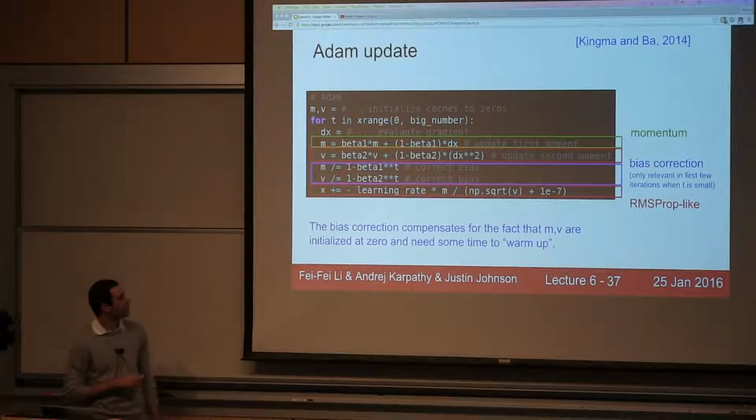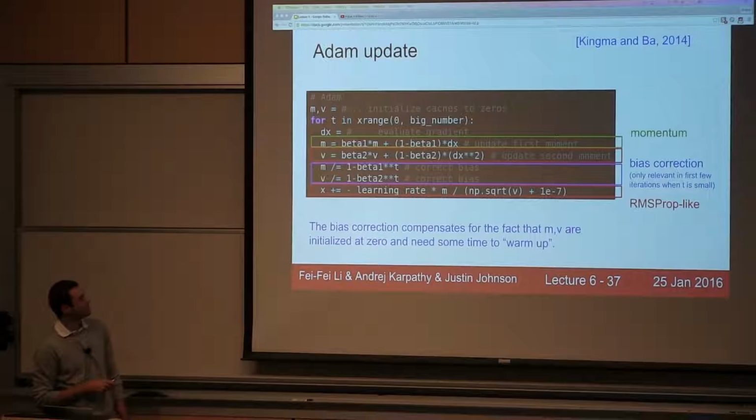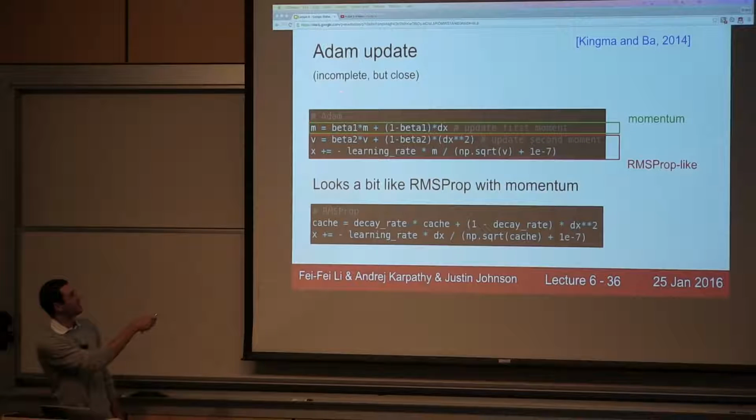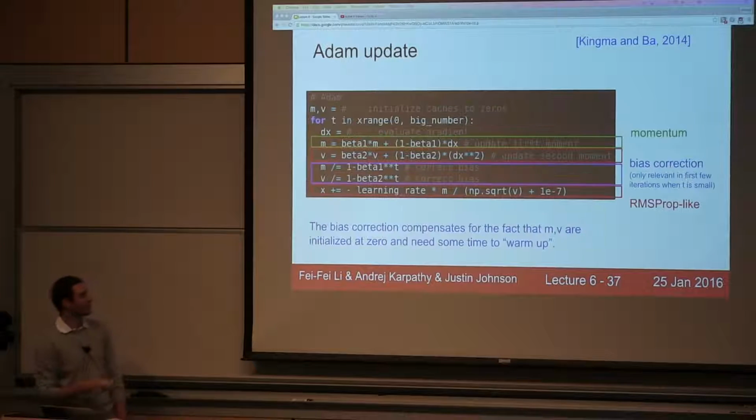OK. One more thing: I have to make Adam slightly more complex. Here, as you see, it's incomplete, so let me put in the full complete version. In Adam, there's one more thing where you might be confused when you see it. There's this thing called bias correction that they insert there. The reason I'm expanding out the loop is that the bias correction depends on your absolute time step t, so t is used here.